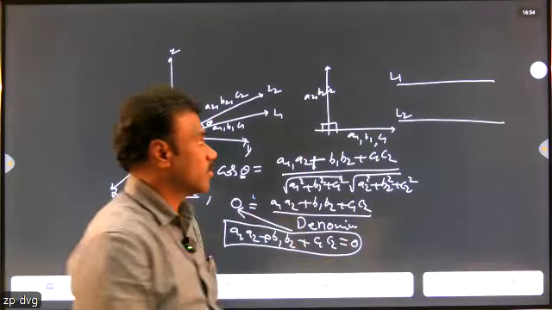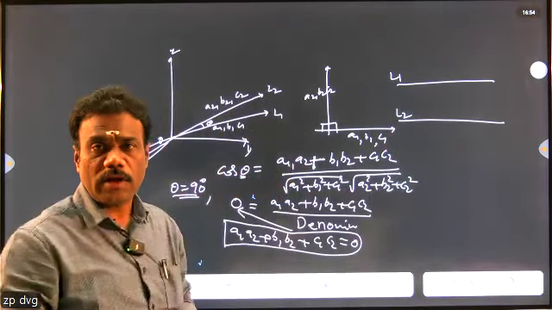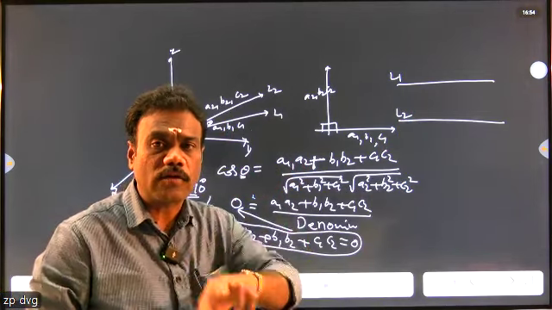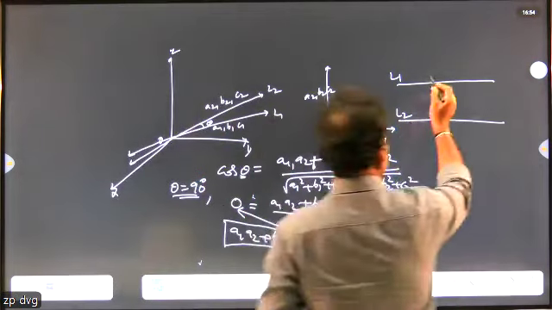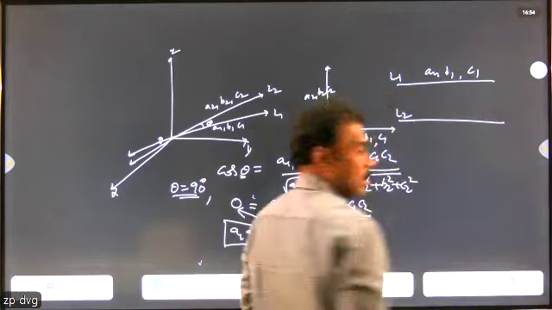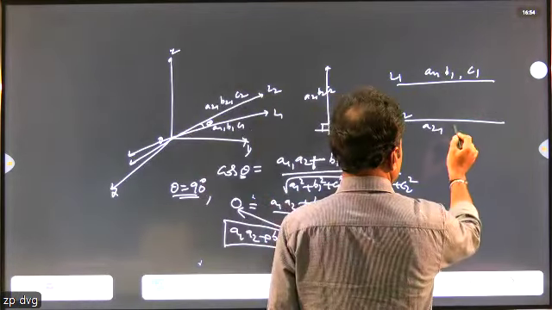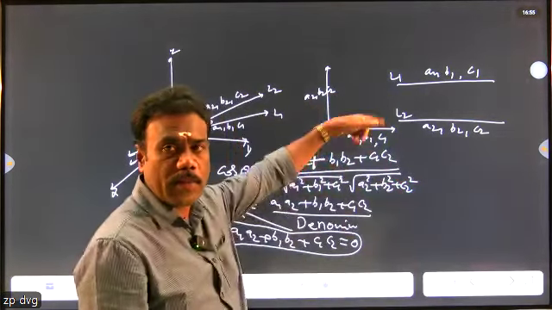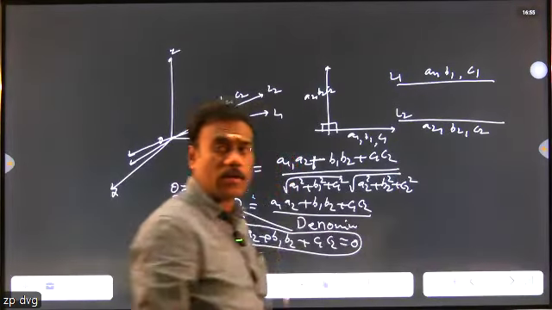KA, KB, KC. Suppose these two lines are parallel, then we can take the direction ratios of both the lines to be proportional. If A1, B1, C1 are the direction ratios of the first line, and the direction ratios of the second line are A2, B2, C2, and these two lines are parallel, then the direction ratios are proportional.